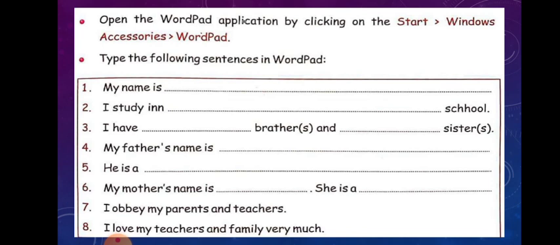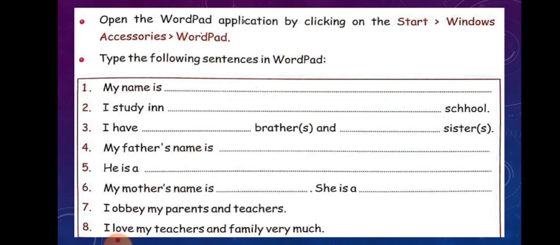Place the cursor over there and delete H and O from there. In the same way, correct the spelling of brother. In place of A, it should be O. So write down brother there. And in place of S, also, you have to place the cursor and delete it.